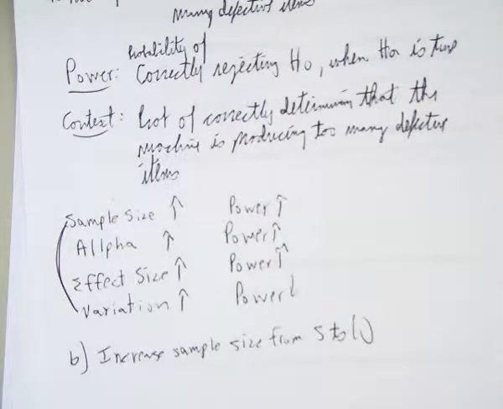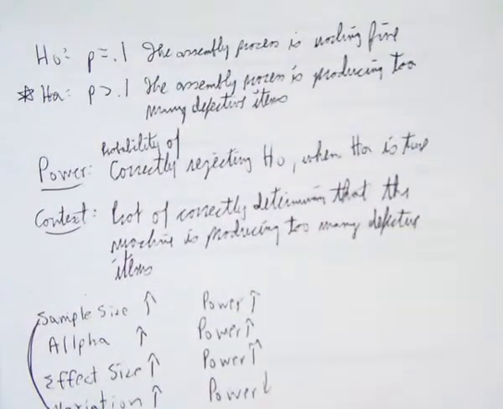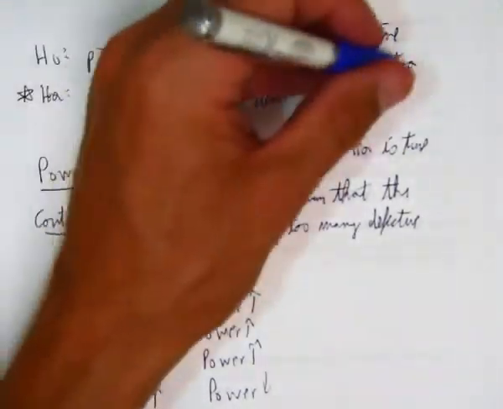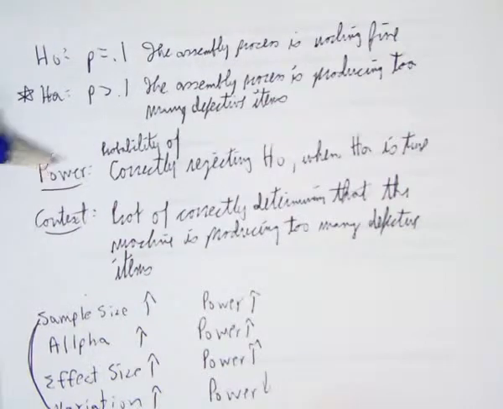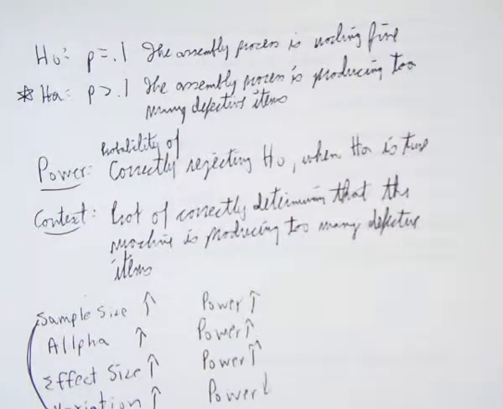Well, power means that the alternative hypothesis is true, and the power is the probability of correctly determining this. Then we have more evidence to make that determination, and that would be a good thing.